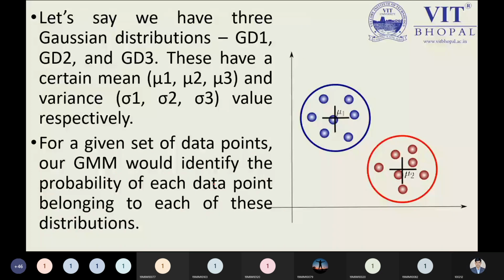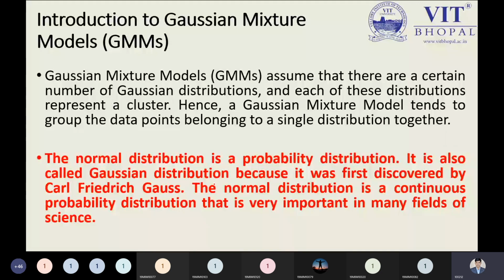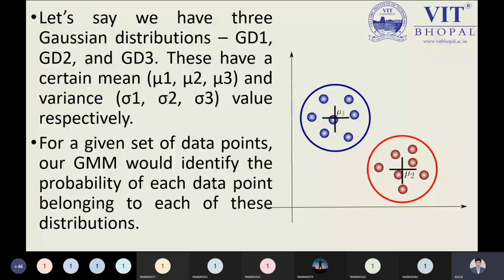Here, if you look, we have the blue, green, and orange colors. You have observed there are three clusters over here, and these three clusters are plotted in the form of K-means, but they are also represented as plotted in the form of the Gaussian mixture.